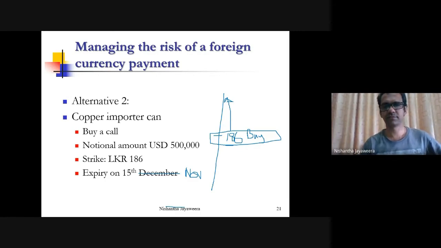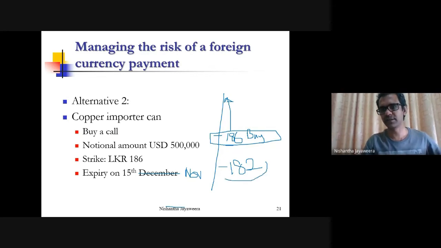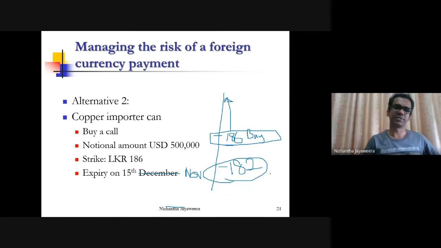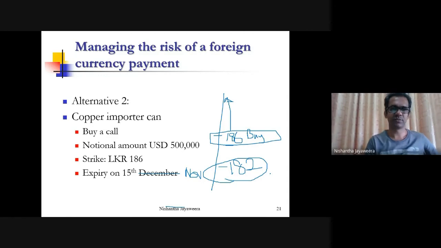The advantage of this is if the exchange rate is somewhere here, you can ignore the option contract and go to the market and buy it at a cheaper rate. That flexibility is there in an option contract, but to get that flexibility, you have to pay the premium. That's a cost.